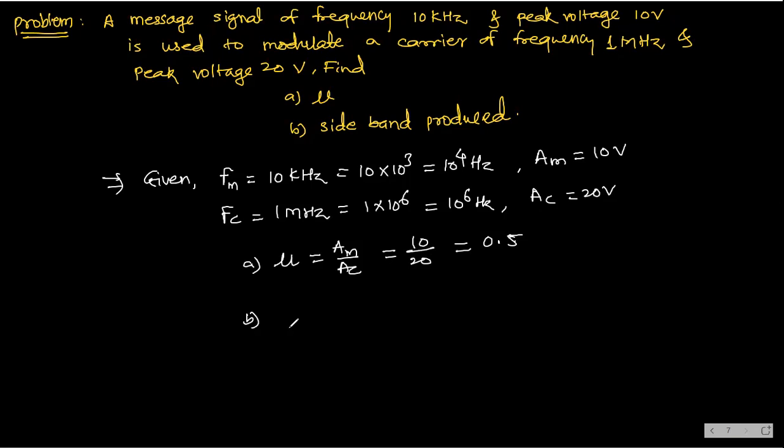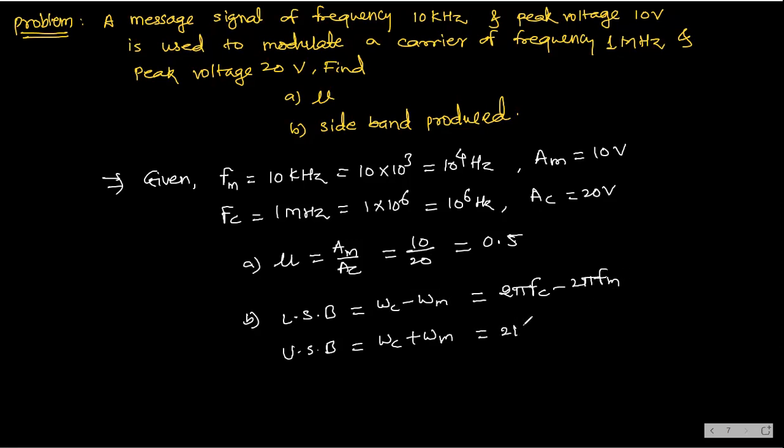B answer is what he is asking. Lower side band, that is equal to omega c minus omega m, and upper side band frequency he is asking, that is omega c plus omega m. So what you have to find? 2 pi fc minus 2 pi fm, and here you have to find 2 pi fc plus 2 pi fm.